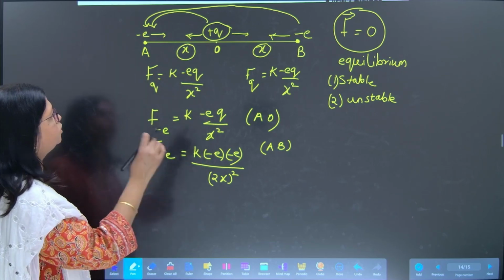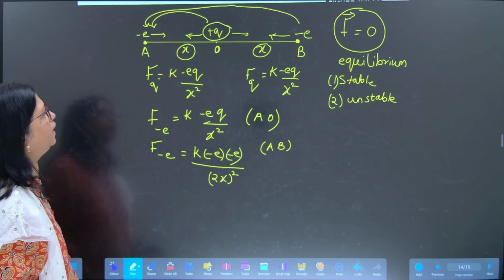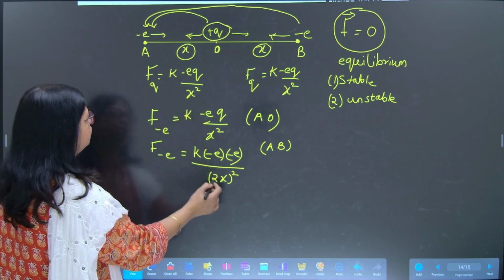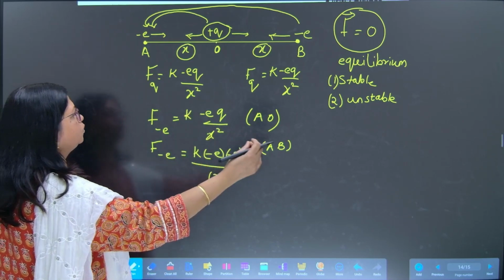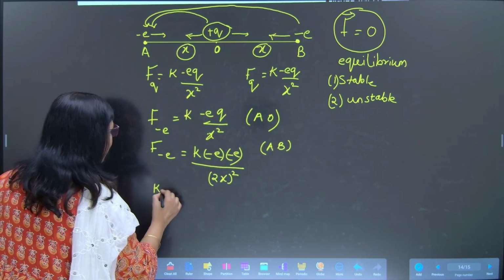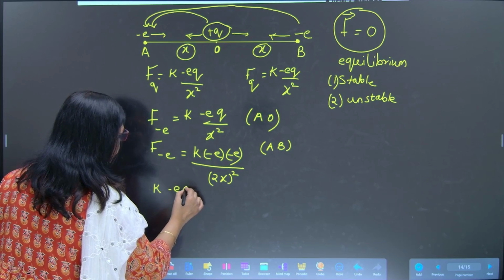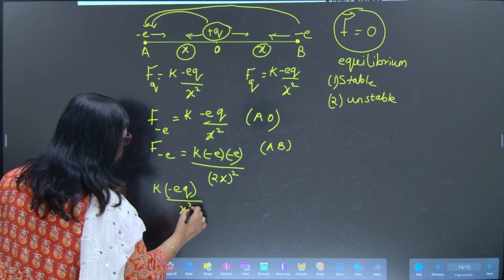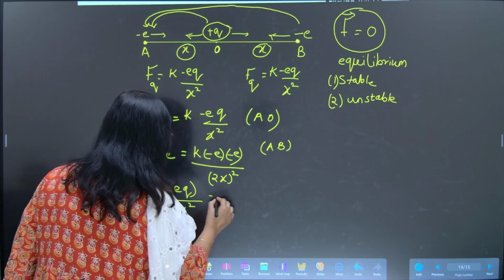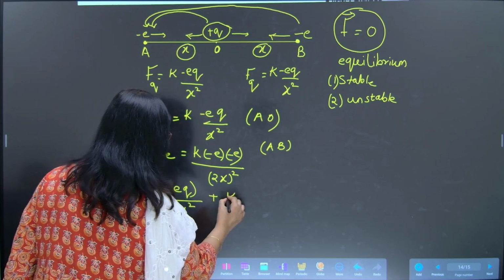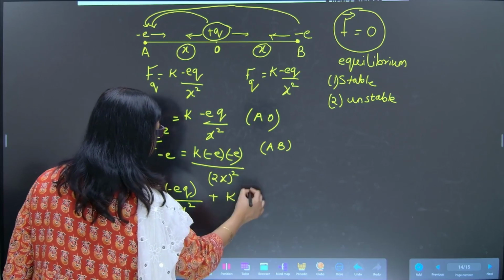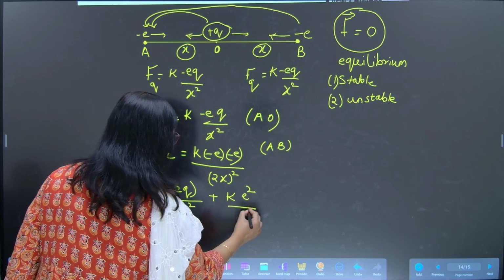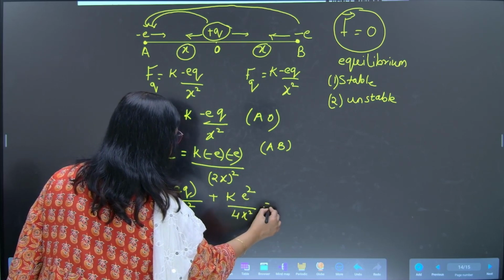So for the force to be 0, or the system to be in equilibrium, the addition of these 2 forces should be equal to 0. So let us add these 2 forces. Net force should be equal to 0. Minus into minus is plus, so I'll write here E square upon 4x square, and the sum should be equal to 0.